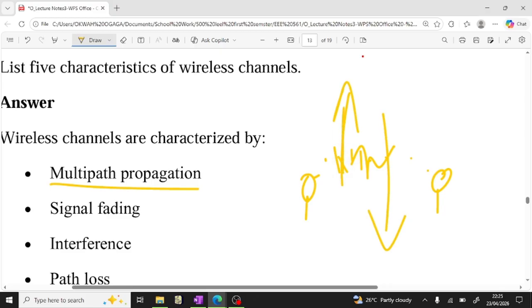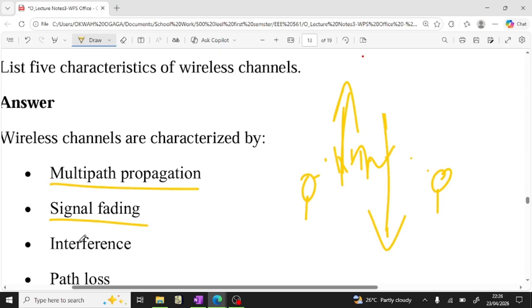So your signal becoming stronger or weaker is the signal fading. And signal fading is not really based on distance. Okay, it's just based on interference, multi-path interference. Multi-path just means different paths interfering. A lot of paths together.